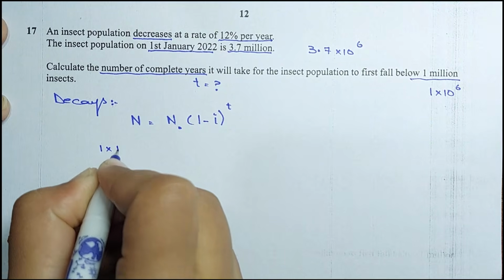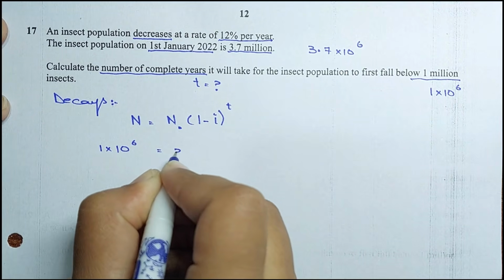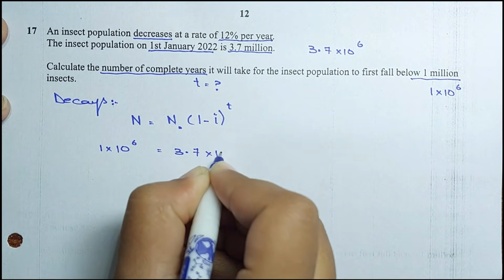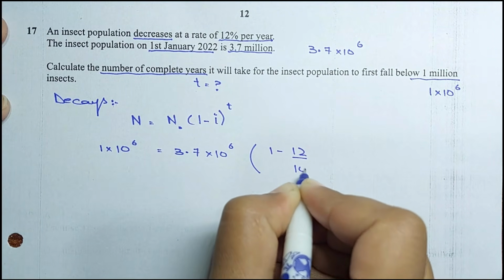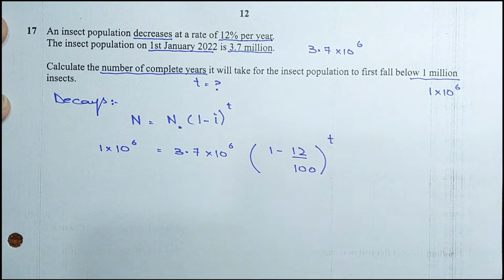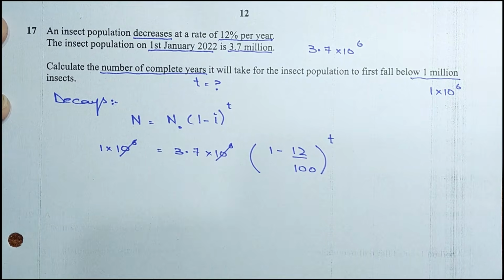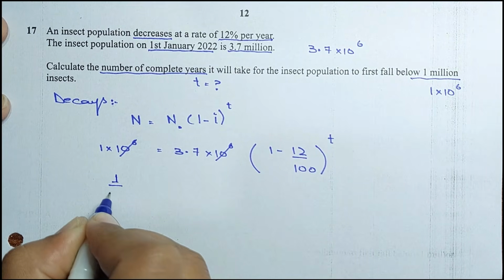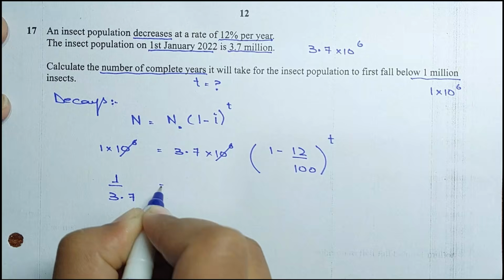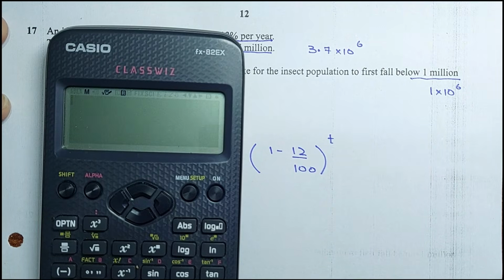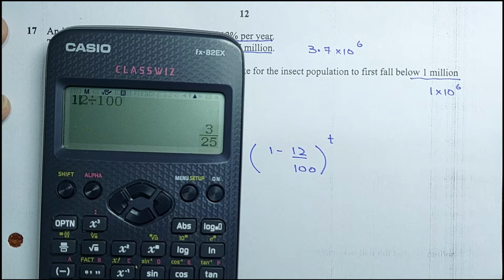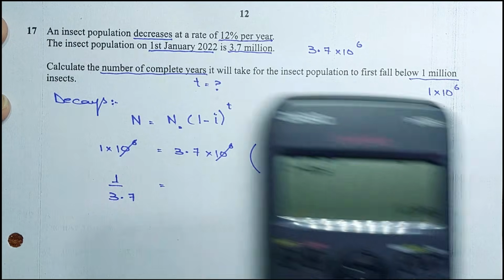This is 1 times 10 to the power 6 equals 3.7 times 10 to the power 6 times (1 minus 12%), and we have to solve for the time. So 10 to the power 6 and 10 to the power 6 cancel out. It is 1 over 3.7, and over here we have 1 minus 12 over 100. Okay, 12 over 100, and 1 minus that is 0.88.